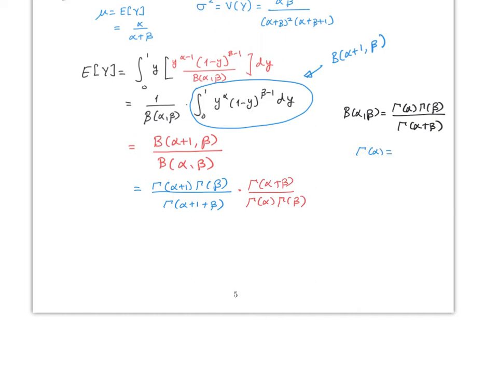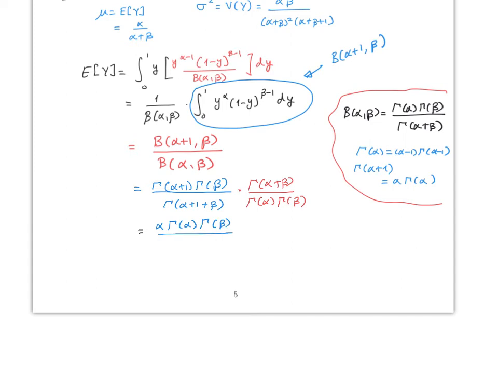But recall also that gamma of alpha is the same thing as alpha minus 1 times gamma of alpha minus 1, or in other words, this should equal this, which is exactly what we used before. So if we use that, then on the blue part we end up with alpha gamma of alpha times gamma of beta.